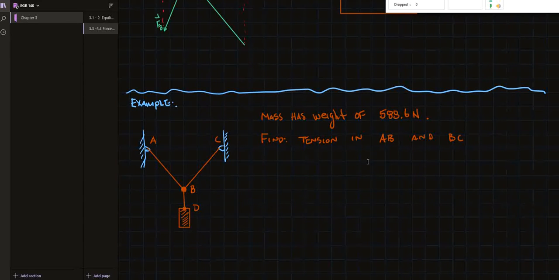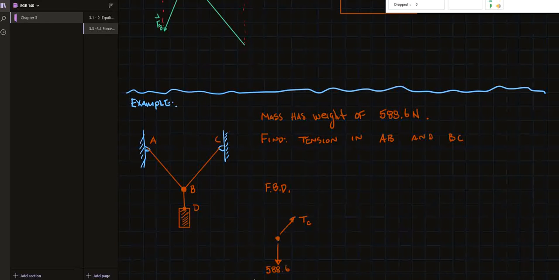Okay, well, let's start out with our free body diagram. I have a force in this direction. We'll call that tension in C. Going around clockwise, I have the weight, and we'll want to put on our free body diagram what the weight is.